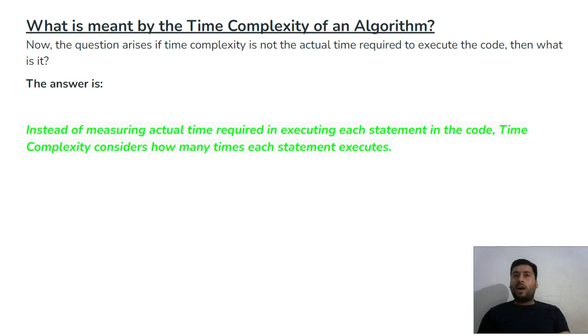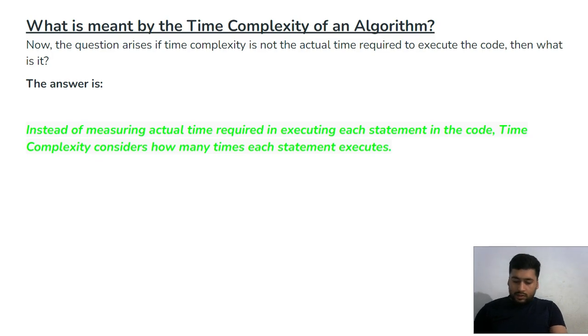Basically we are not going into the depth of everything, but we consider each statement as one unit of time. If a statement executes one time it counts 1, if two times 2, then 3, 4, 5, 6, like that. Let me tell you how we can work with that.